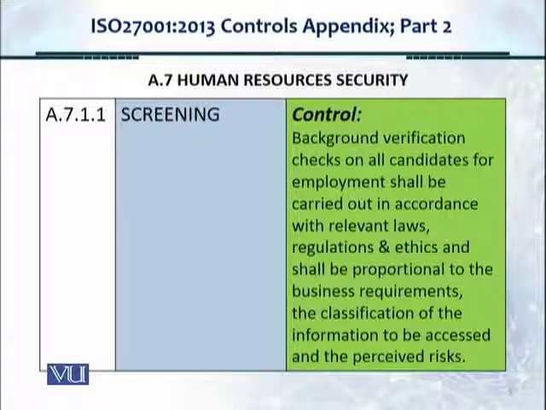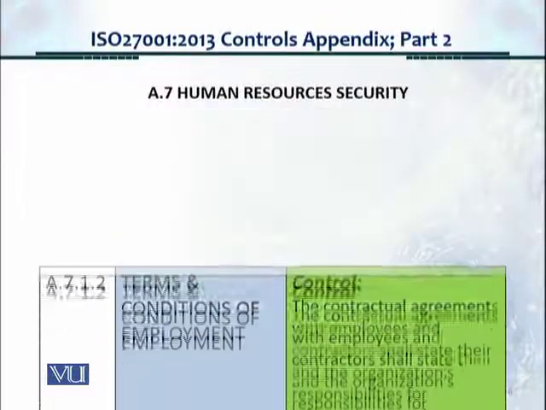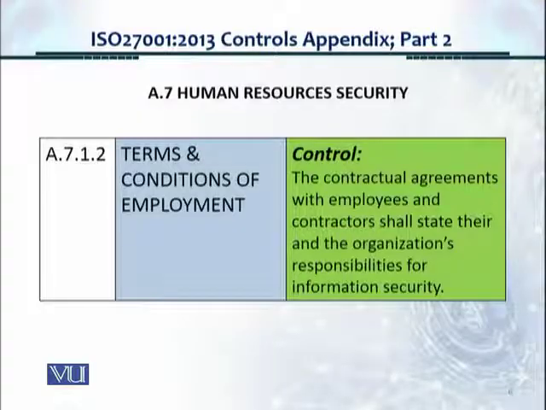So what we're really saying here is that based on what the staff member will do, what is the criticality of the information and the responsibility being given to the employee, we're going to perform screening, and that consists of background checks.